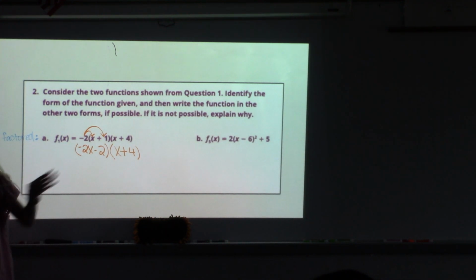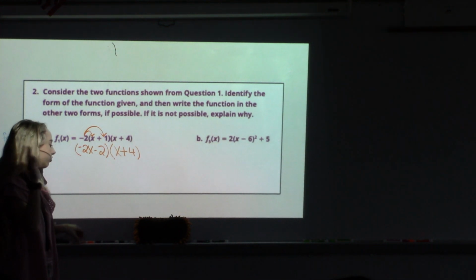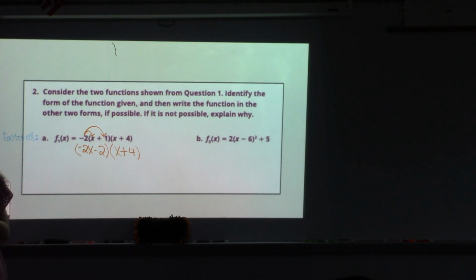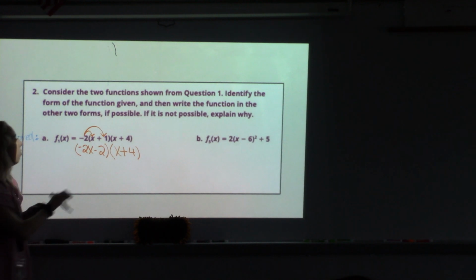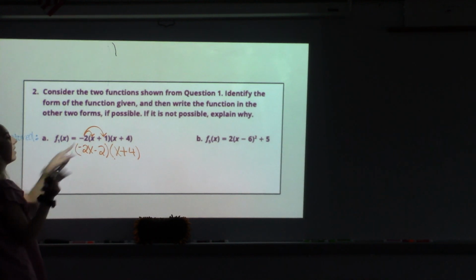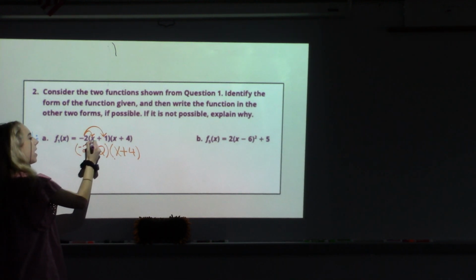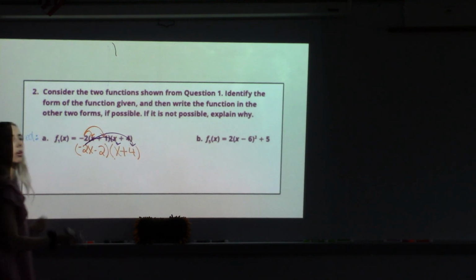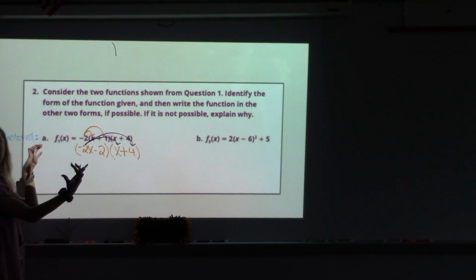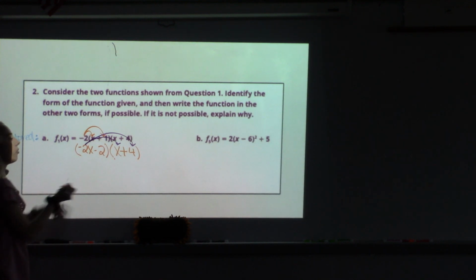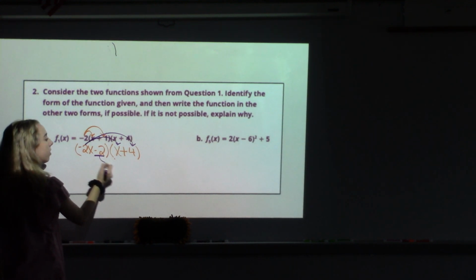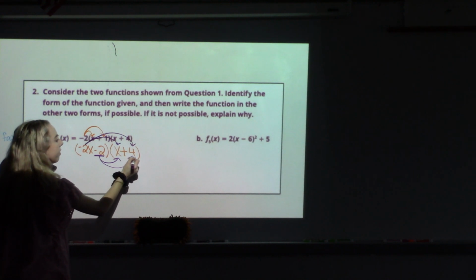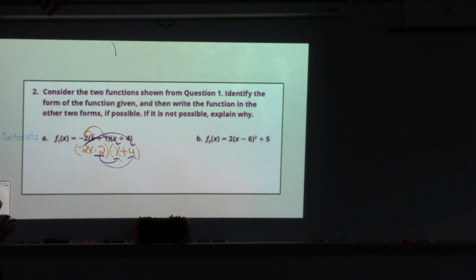Yes. Okay, let's go through it. So when I'm using the distributive property, just like I did here, this negative 2x, I'm going to multiply it to everything on the inside of the other parentheses, right? But then I also have to multiply this negative 2 by everything over there. Do you see what we're doing here?